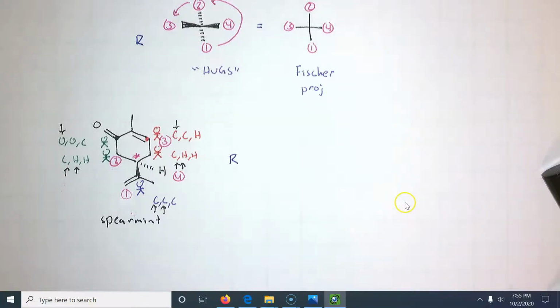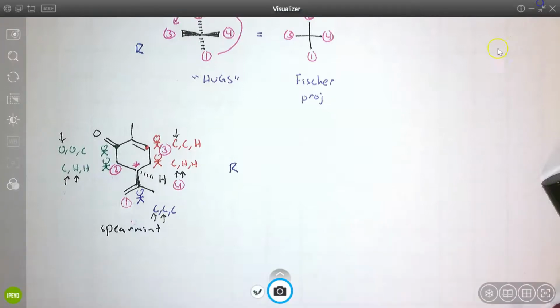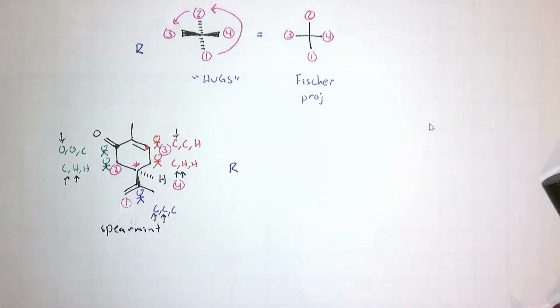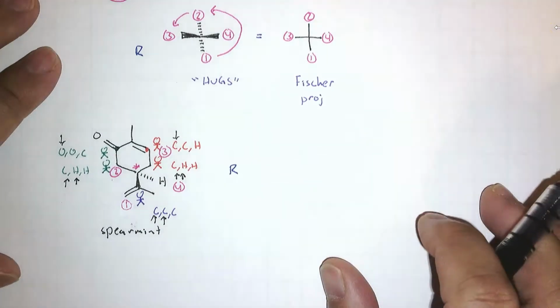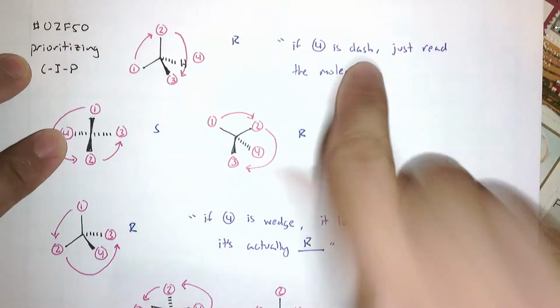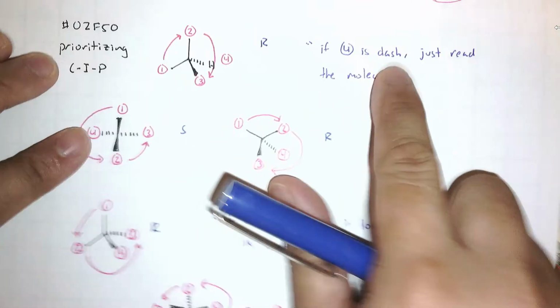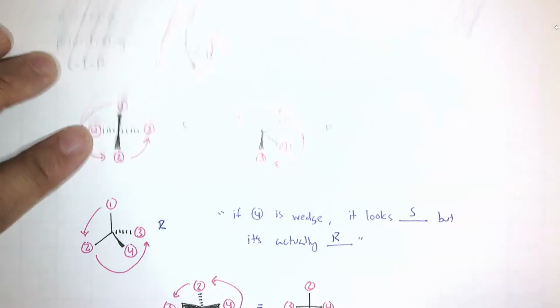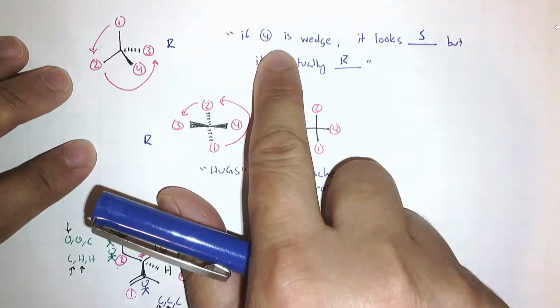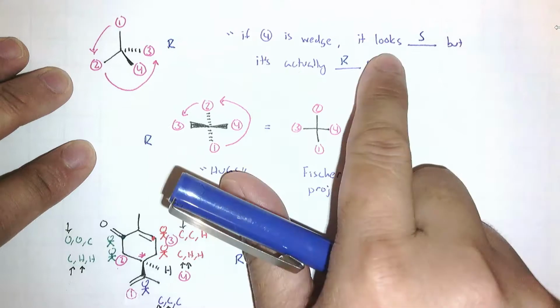Now I've stalled quite enough because I think you understand what is the hardest molecule to assign R and S. We have a trick. It's not really a trick. When it's dash, you just read the molecule. When 4 is wedge, you take the opposite.